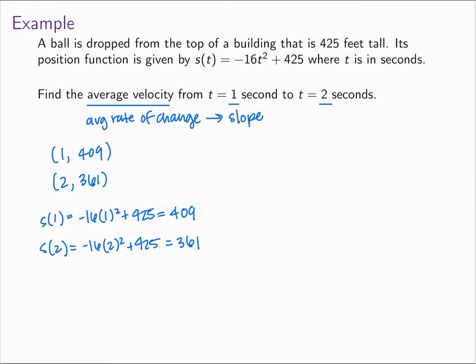So to find the average velocity between 1 and 2 seconds, I'm finding the slope between these 2 points. So that slope, my m, will be 361 minus 409 over 2 minus 1, which is negative 48 over 1. So negative 48 feet per second.